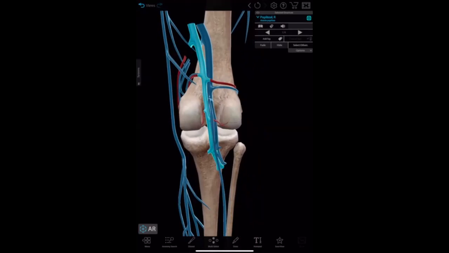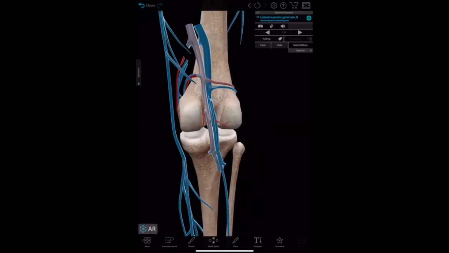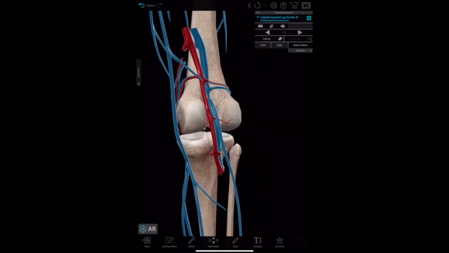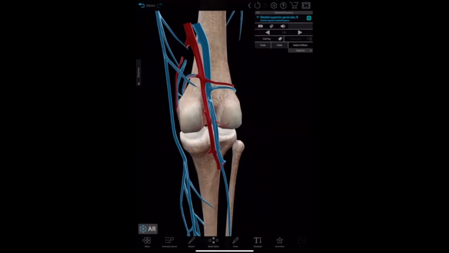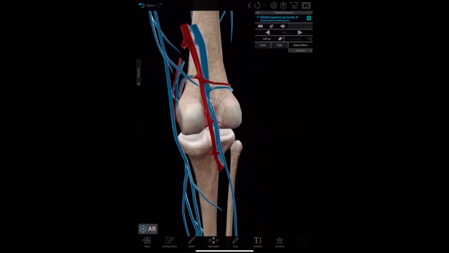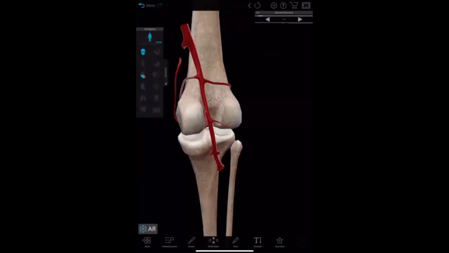Okay, you identify those branches. This is the lateral superior genicular artery and this one is the superior medial genicular artery, right.